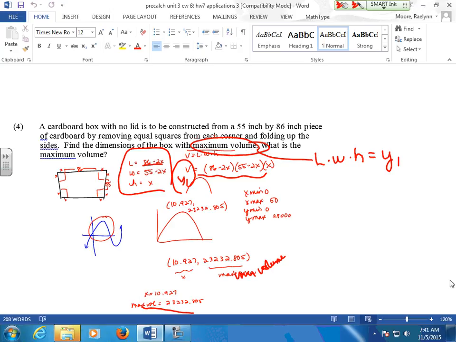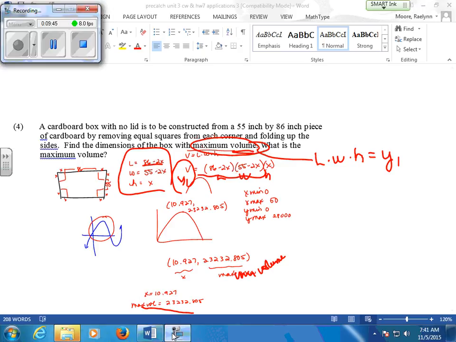So kind of figure out where this is going, and then estimate or look at your table. Everybody's comfortable with the table setup? You put that whole thing into the calculator, the 86 minus 2x. Yep. This is your length times your width times your height, because you need it to maximize your volume.